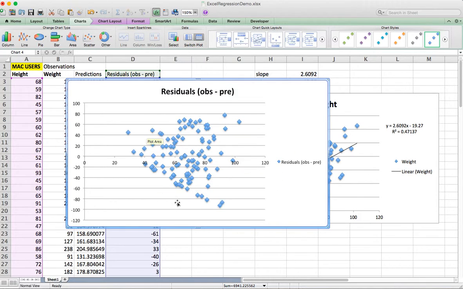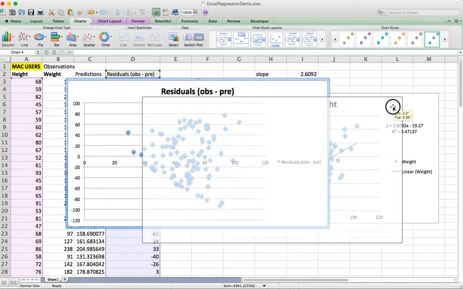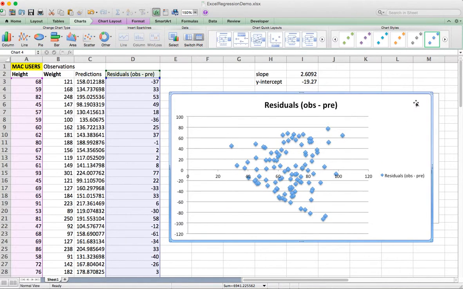You should see no discernible pattern whatsoever, which is exactly what we see. So that tells me that a linear regression might have been a pretty good option here. If you were to see some sort of a curved shape through this, then you have at least a reasonable thought that maybe you didn't make a great choice with a linear regression.